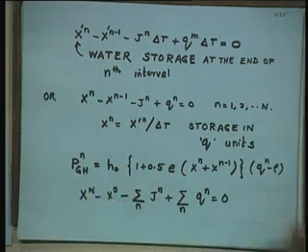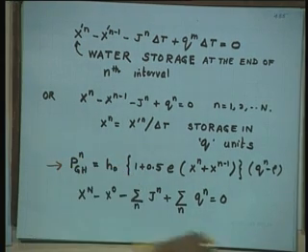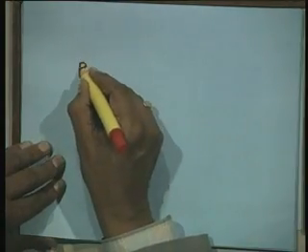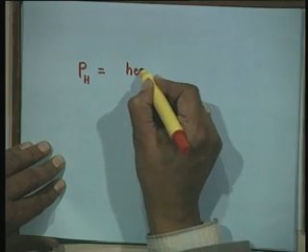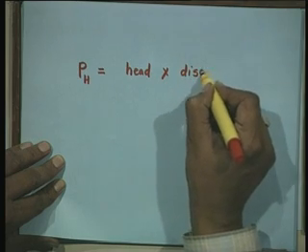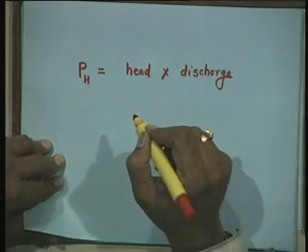This is the equation I promise you that I gave you in hydropower equation. So, what is this hydropower equation? It needs slight explanation. Hydropower generation is equal to head into discharge. Okay.